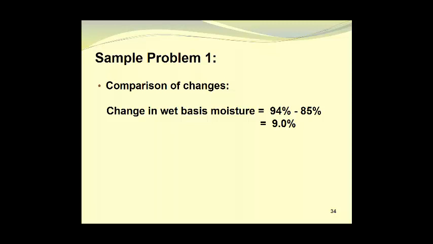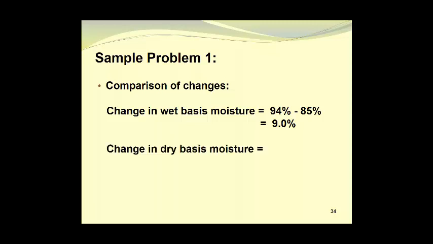Now let's do a comparison of the changes that have taken place. The change in the wet basis moisture is equal to the 94% initial wet basis moisture minus 85% as the final wet basis moisture, and this difference is 9.0%.